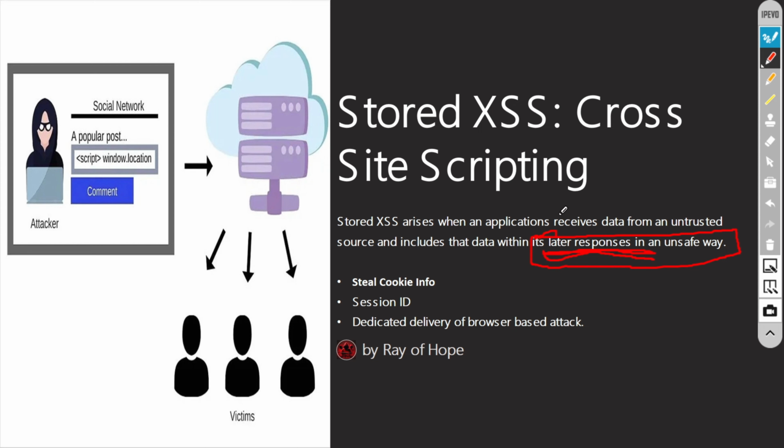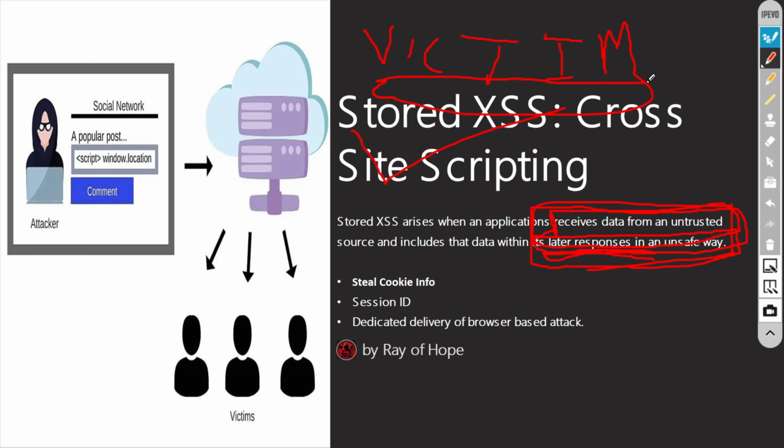In reflected XSS, it reflects right there, and it would require user interaction in order to execute in their browser. But in terms of stored XSS, you would not need a victim to interact with the phishing link or the payload.